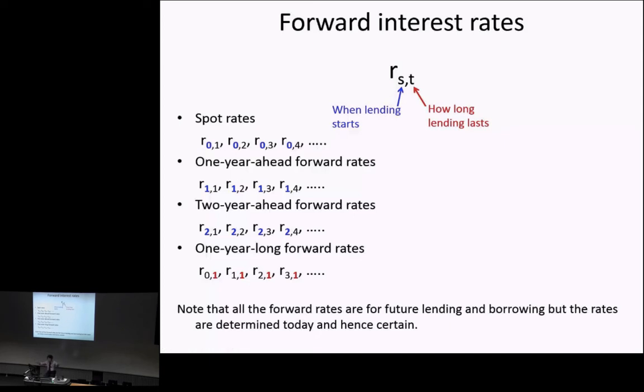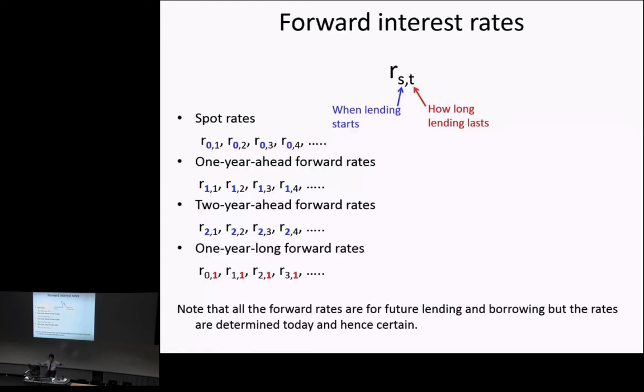Those were spot lending and borrowing contracts. For such spot contracts, the first subscript is equal to 0 because the lending starts immediately. The second subscript can be 1 year, 2 years, 3 years, 4 years, depending on how long the lending will last. And we had this term structure of interest rates.